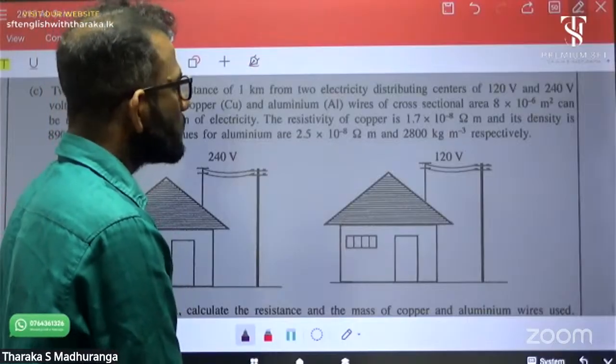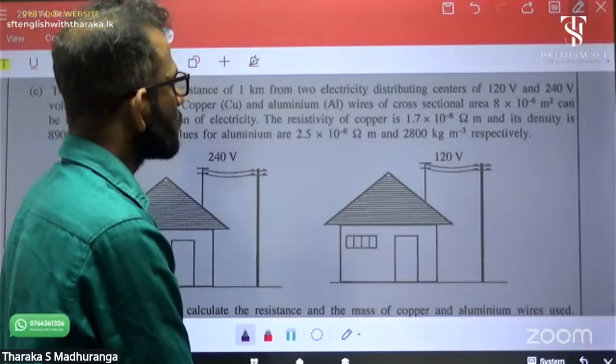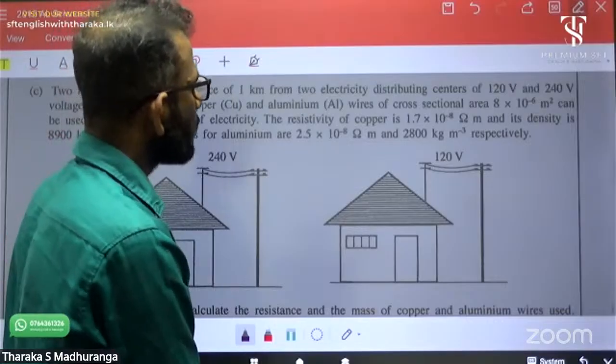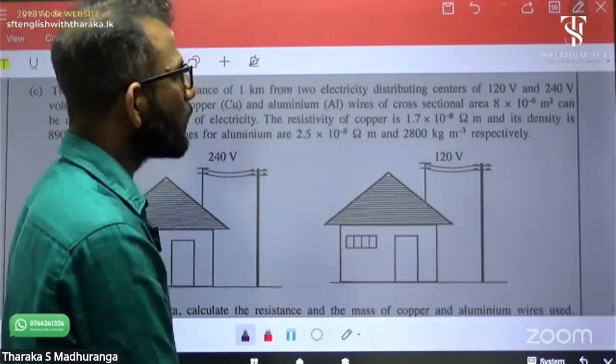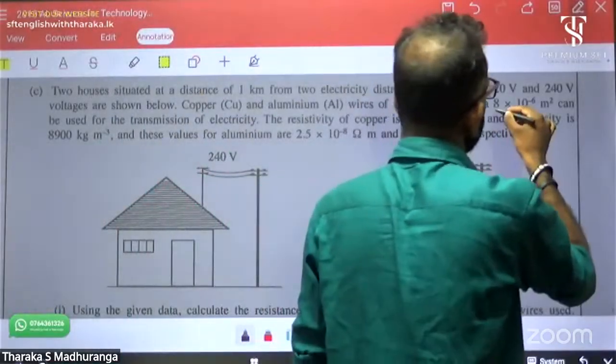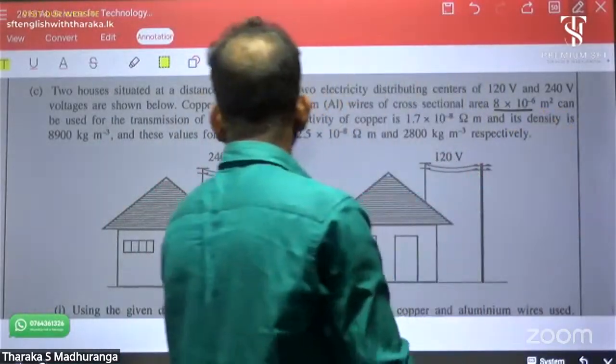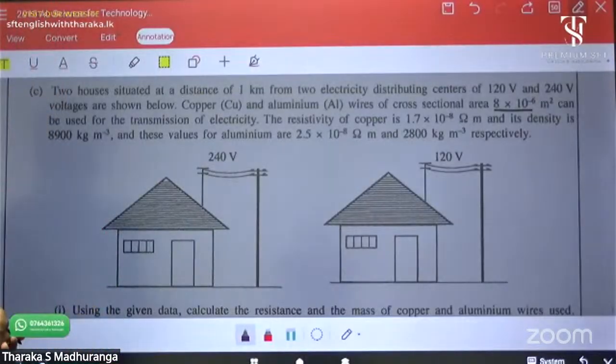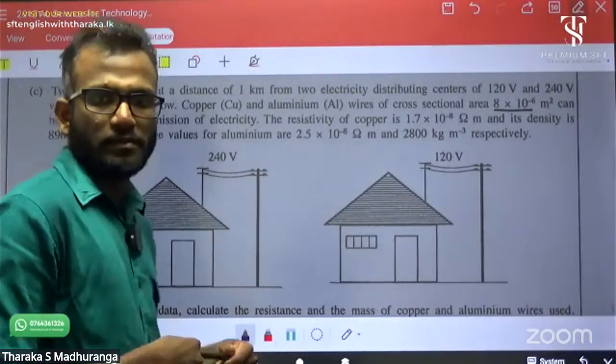Copper and aluminium wires of cross-section area 8 into 10 to the minus 6 square meter can be used for transmission of electricity.